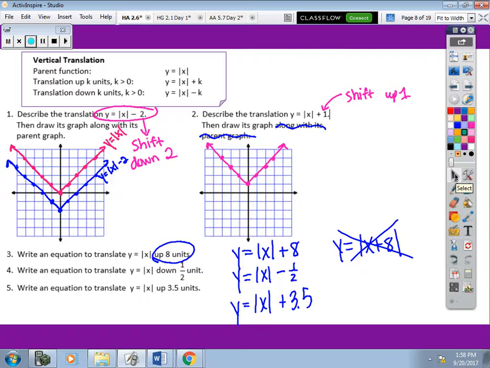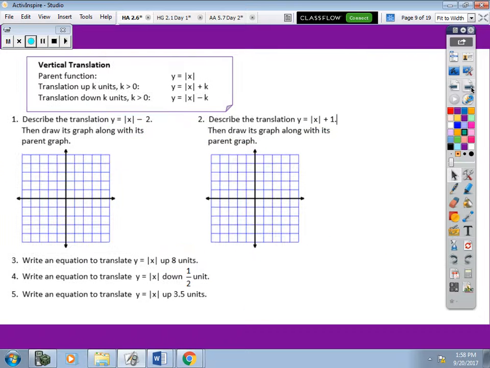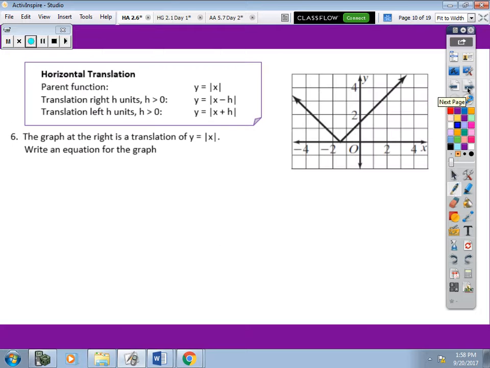Now let's look at the left and the right ones. So, if you see a subtraction inside the absolute value bars, that is going to tell us to go to the right. It's a shift right.